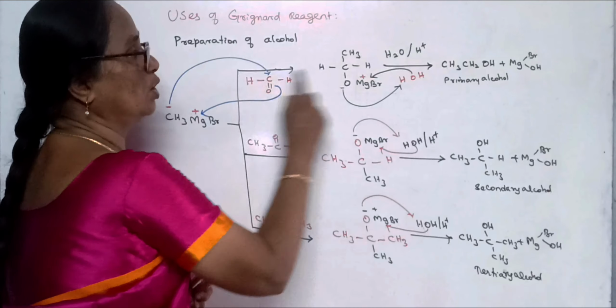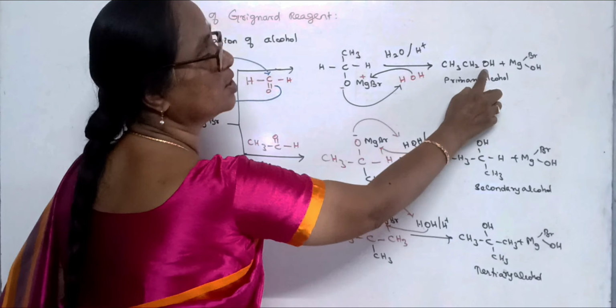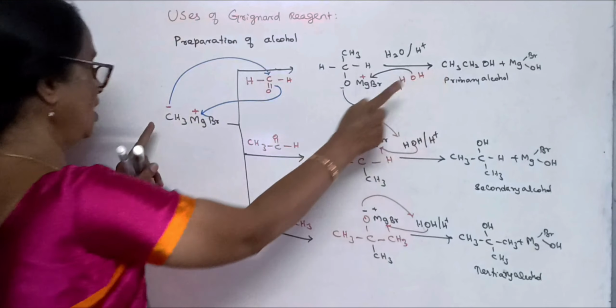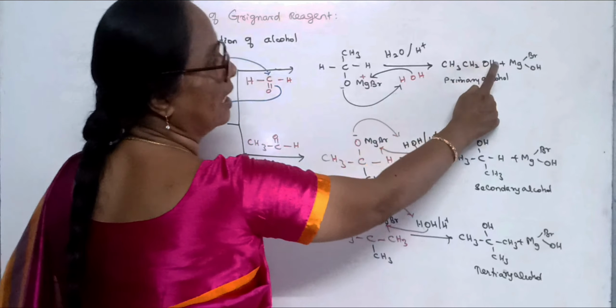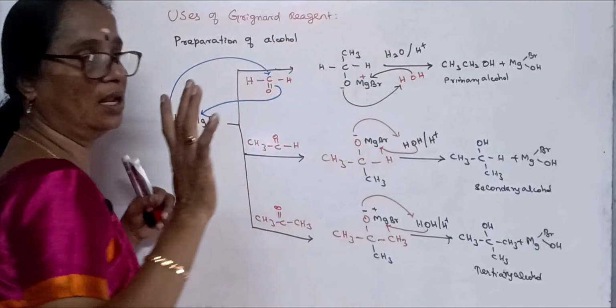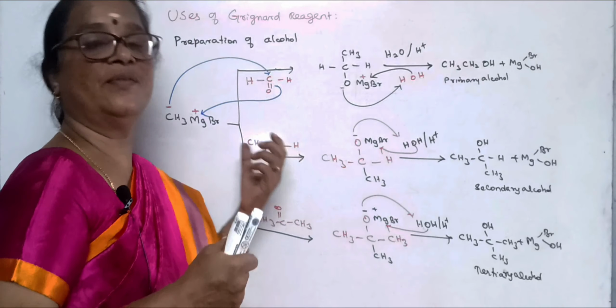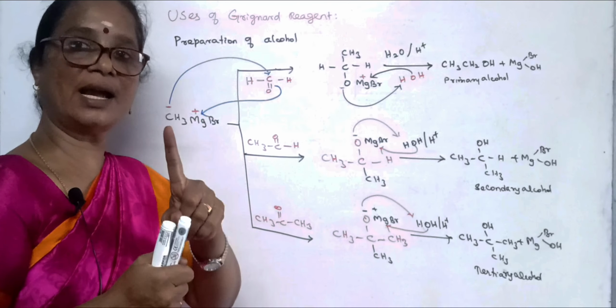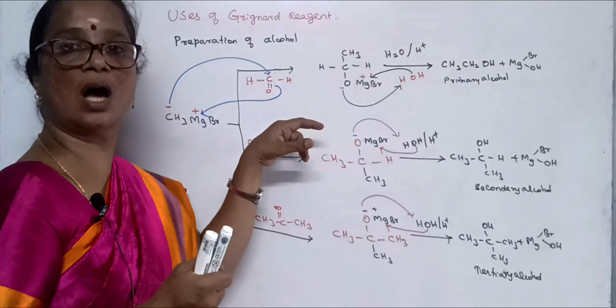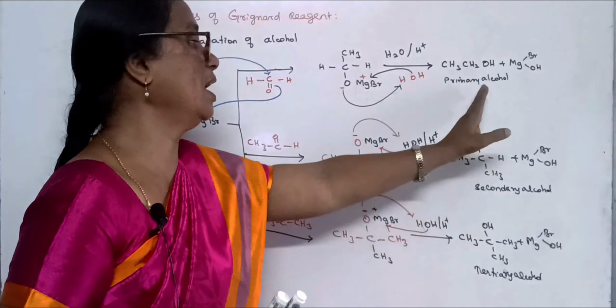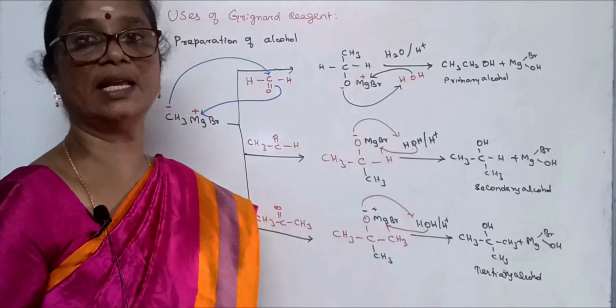This is CH2O. This CH3 is from the Grignard reagent and this hydrogen is due to hydrolysis. So to the carbonyl group, the C=O group, we add one alkyl group and one hydrogen to the oxygen, upon which we get primary, secondary or tertiary alcohol.